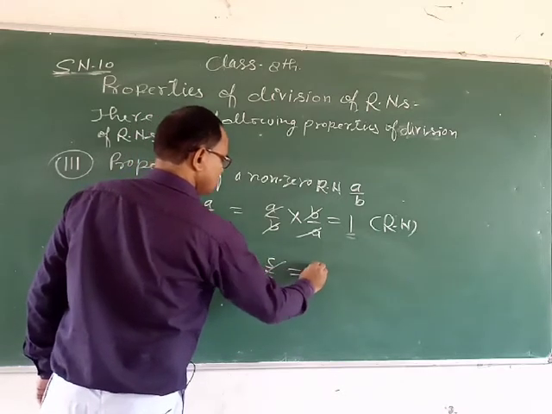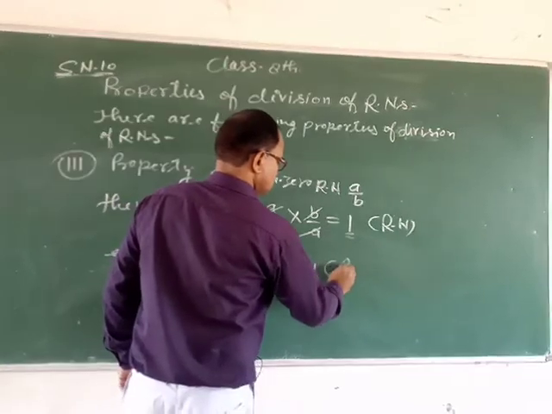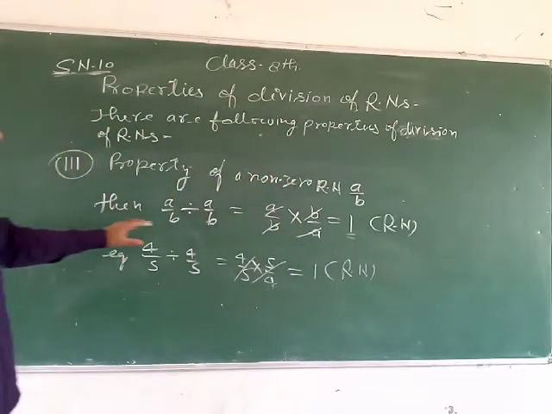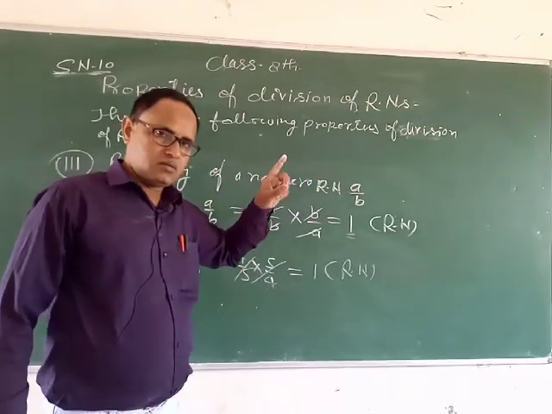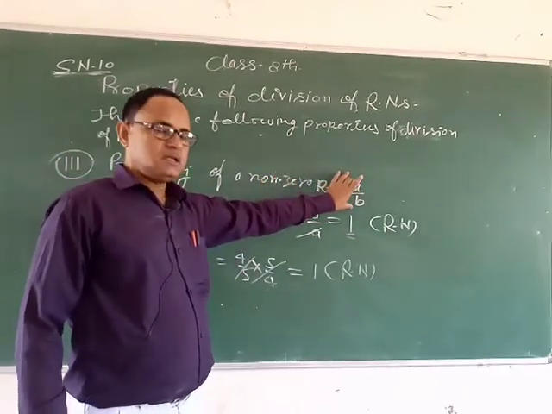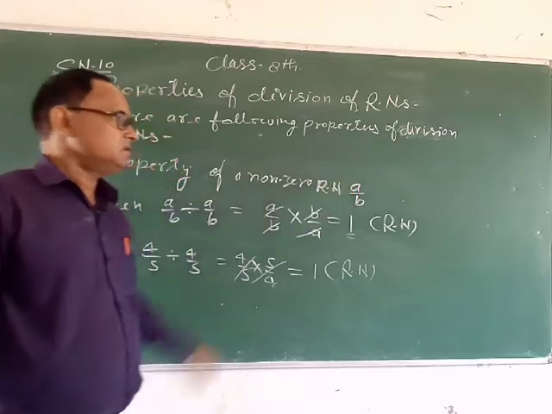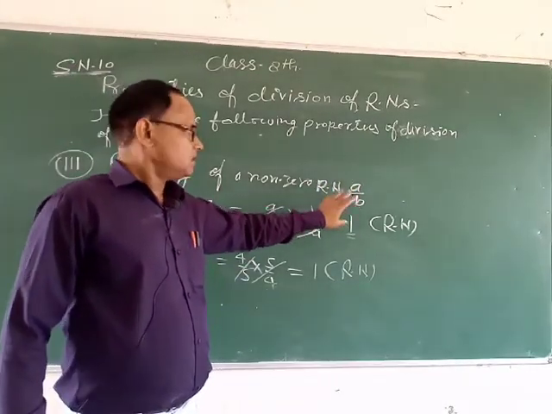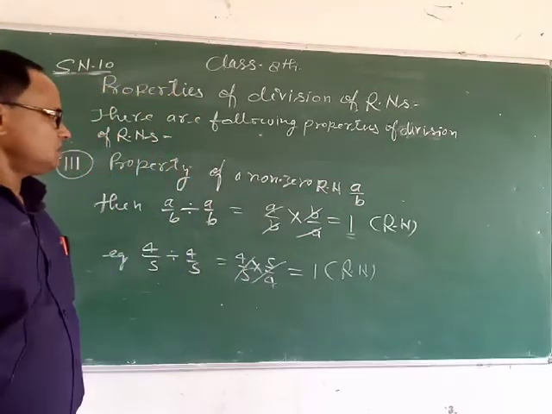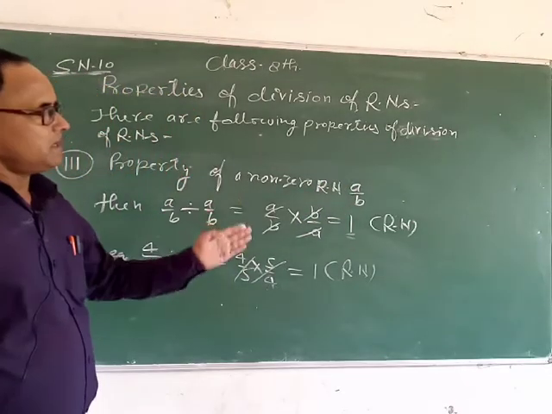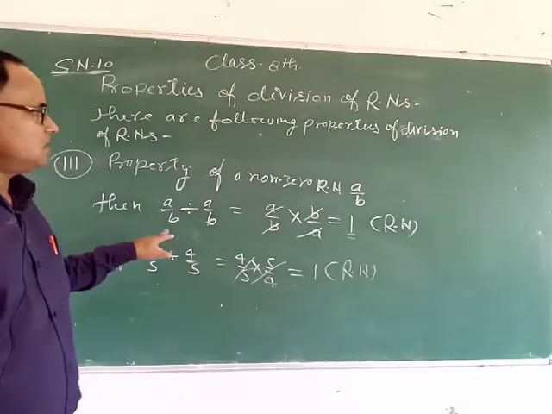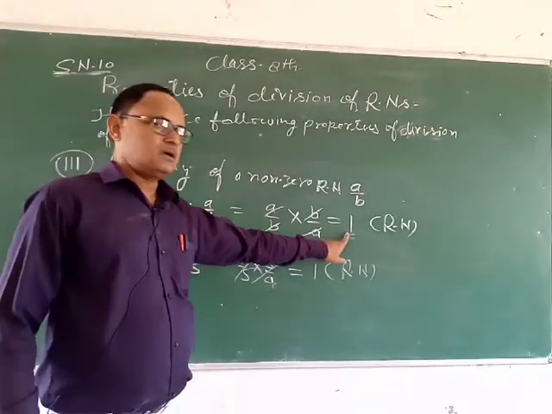We get 1, a rational number. If a/b is not 0, where a and b are integers, then when we divide a rational number by the same rational number, we get the value 1.